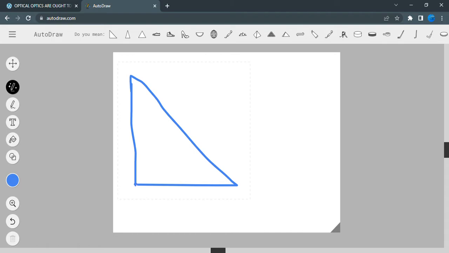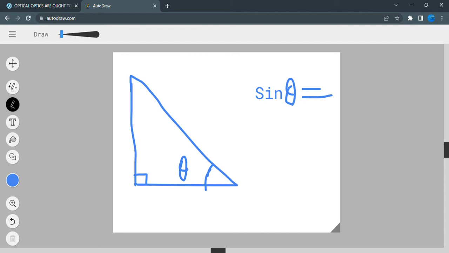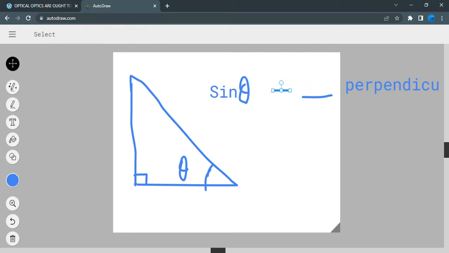Theta is a variable used to express an angle. So let's say this is sine theta. Sine of theta is equal to the ratio of the perpendicular and the hypotenuse.